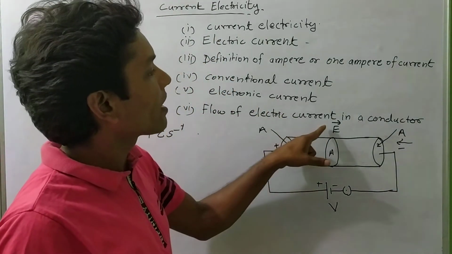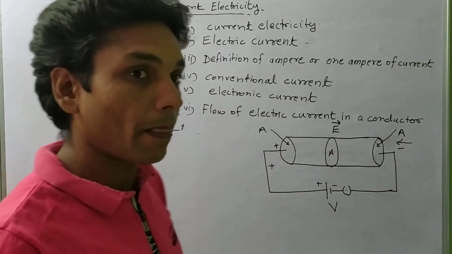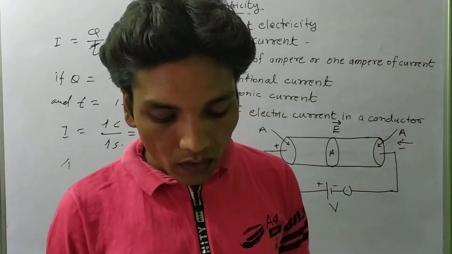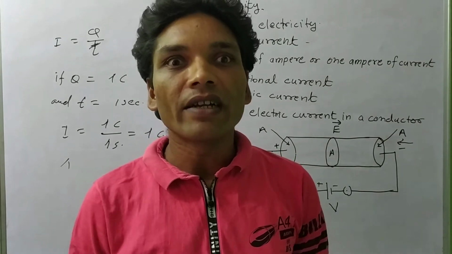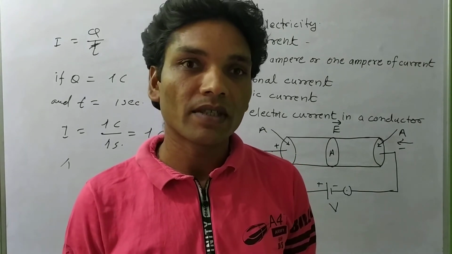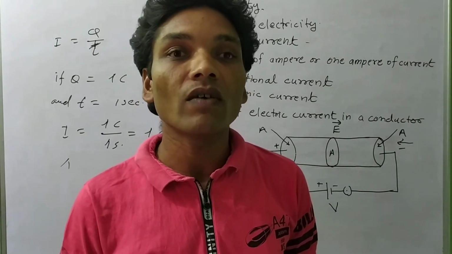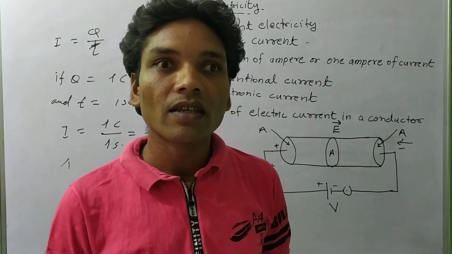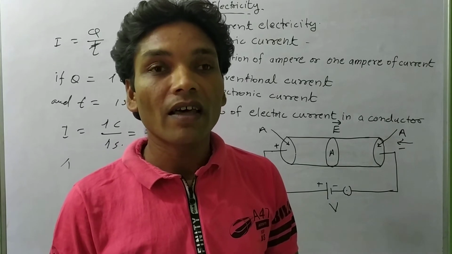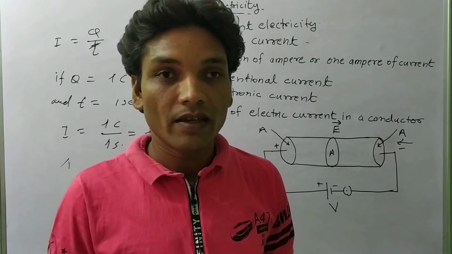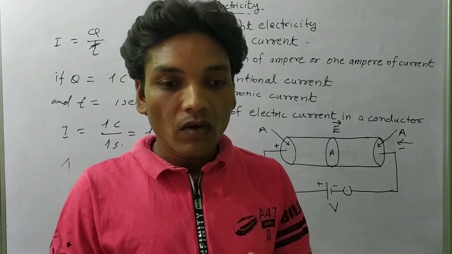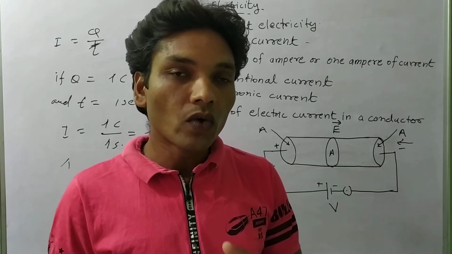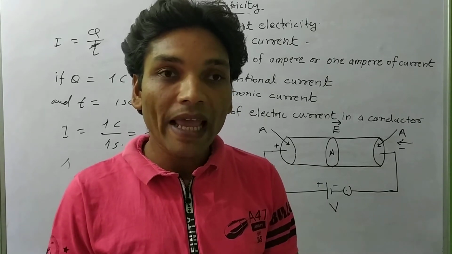Now, flow of electric current in a conductor. You know every matter is made of atoms. In a conductor, atoms are very close to each other, meaning atoms are closely packed.